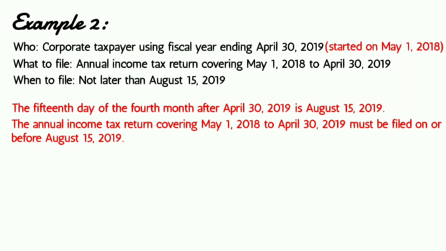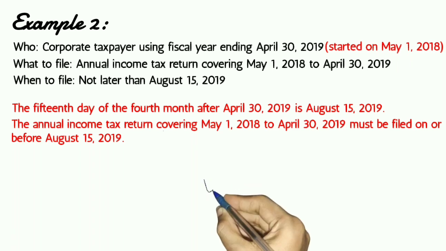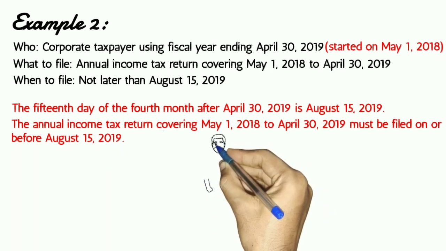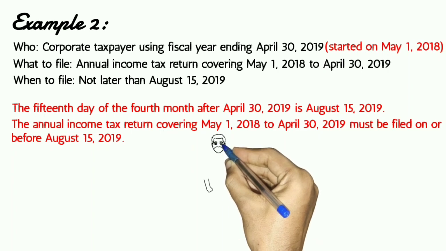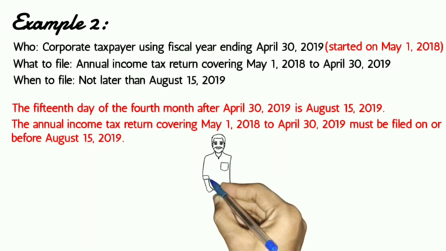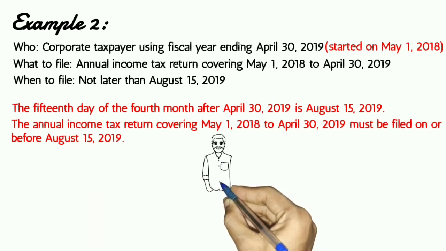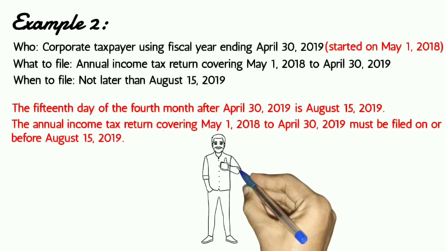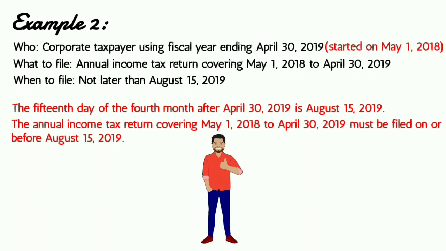So that means si corporate taxpayer pwede siyang mag-file on August 15, 2019 or before August 15, 2019. Pag nag-file siya ng after August 15, 2019, that means meron ng corresponding penalty.